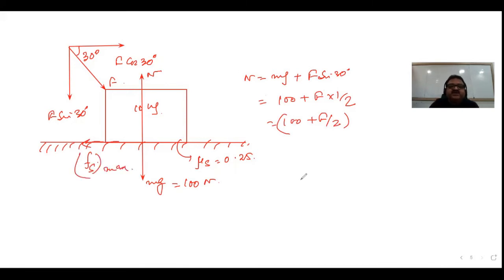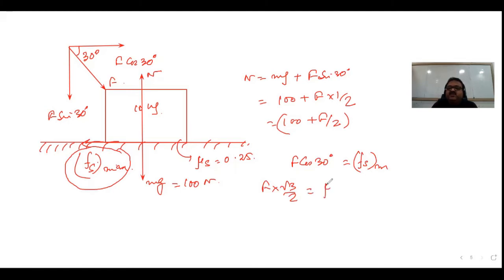So what can we write in this case, look very carefully. In this case, since this body is about to slide, that means Fs maximum just balances this component of force. That means we can write, F cos 30 is equal to Fs maximum. Now F cos 30 is what? F into root 3 by 2. Fs maximum is what? Mu s into normal reaction.